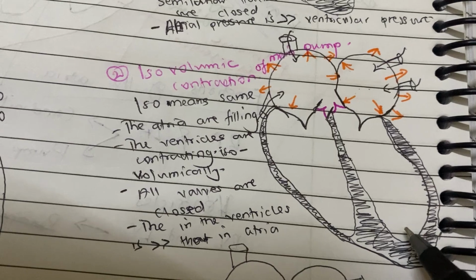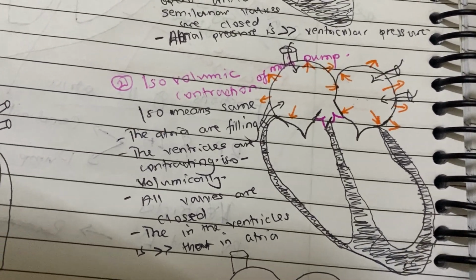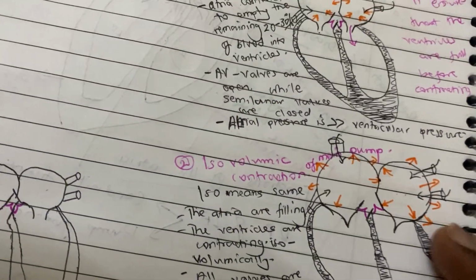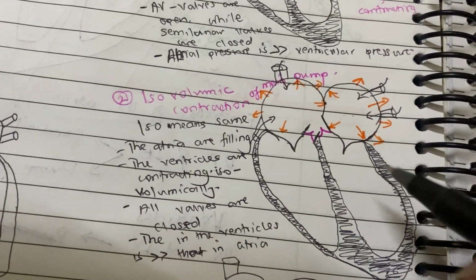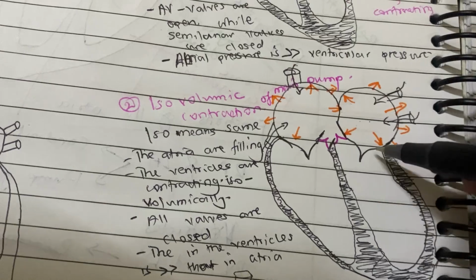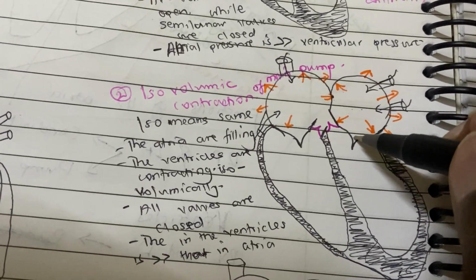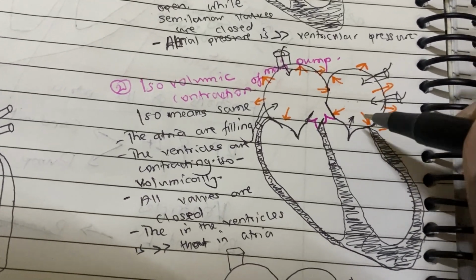So the ventricles are contracting and they appear larger compared to this one. Blood will tend to try to move back to atria.